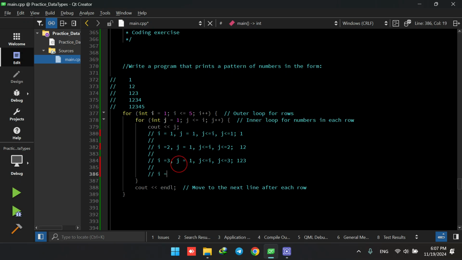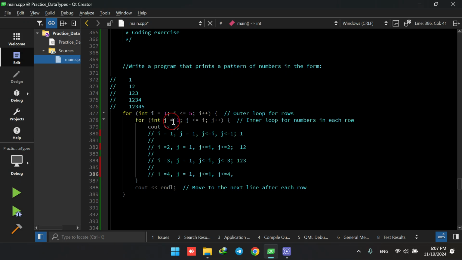So i equals 4, j equals 1. So j must be lower than or equal to i, because in the second part of the for loop this condition applies. Because i equals 4, it means that j must be lower than or equal to 4. To do that, j equals 1 starts the loop while i is 4.